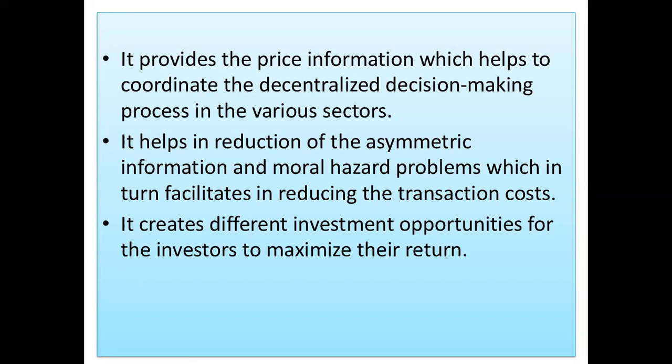If information happens to be very asymmetric, then we need to spend a lot of money for transaction cost, search cost. And therefore, by making information more symmetric, or by helping to reduce asymmetric information, actually the financial system facilitates in reducing the transaction cost.